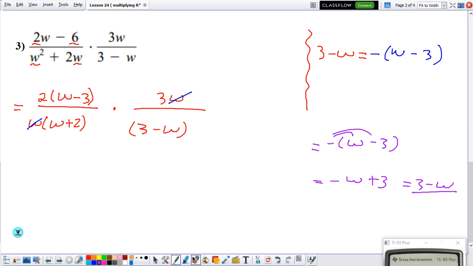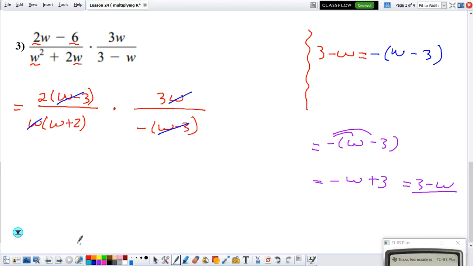Why do we want to do that? Well, notice that if I rewrite 3 minus w as negative w minus 3, now the w minus 3's can cancel out.